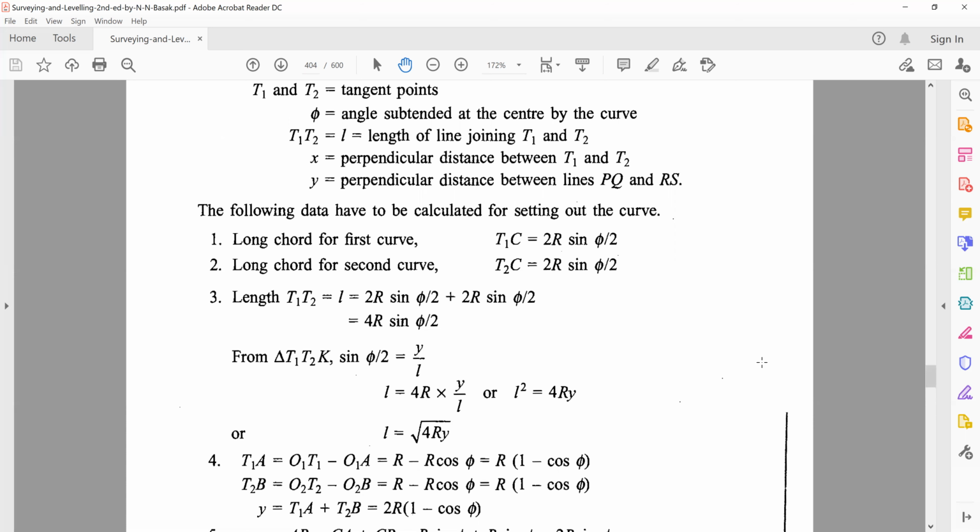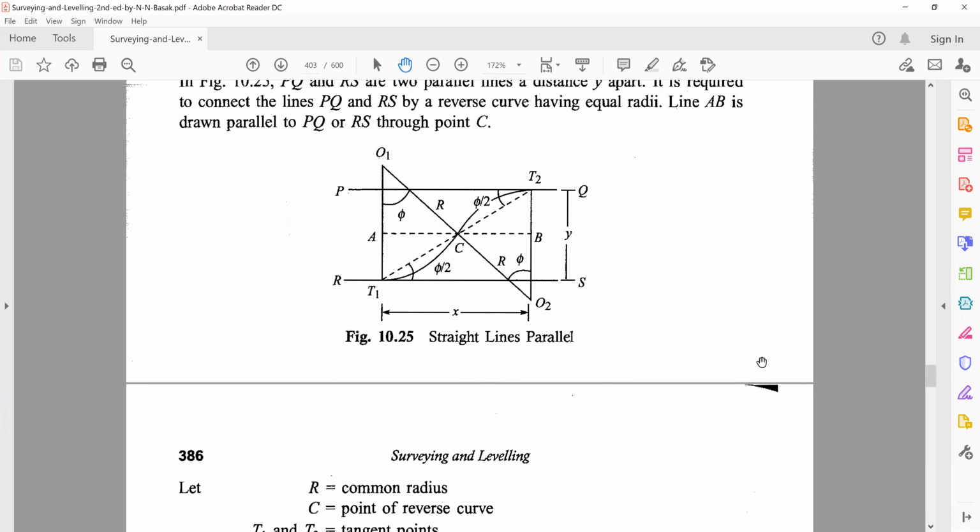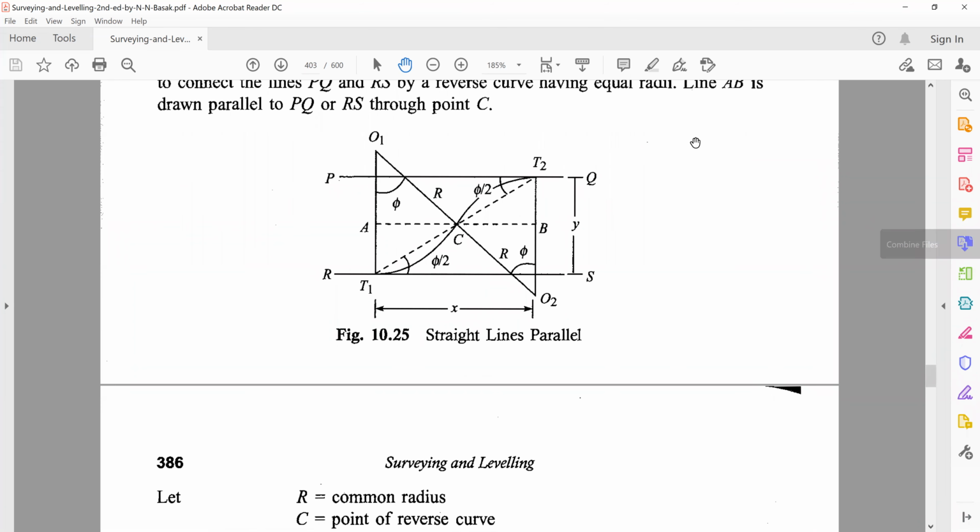Now, another relation that we can derive is from the triangle T1, T2, K. So we have this triangle T1, T2, which are the points which are shown, and then this point over here is the point K. And in this triangle, we can use the relation of sine.